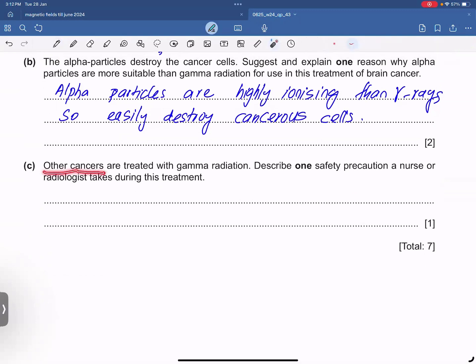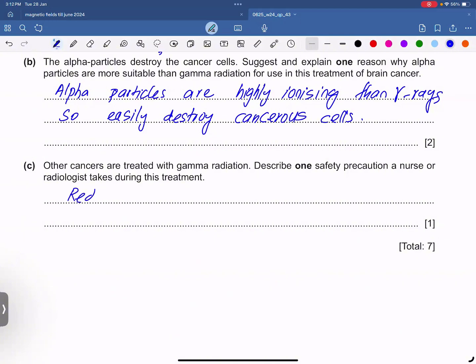Other cancers are treated with gamma radiation. Describe one safety precaution a nurse or radiologist takes during the treatment. You all know, my dear. He or she should reduce the exposure time, maintain as much distance as possible, or shield herself, wear a lead lined costume.